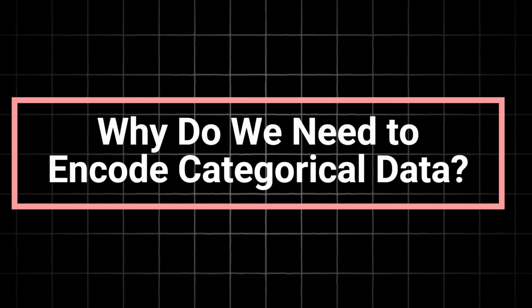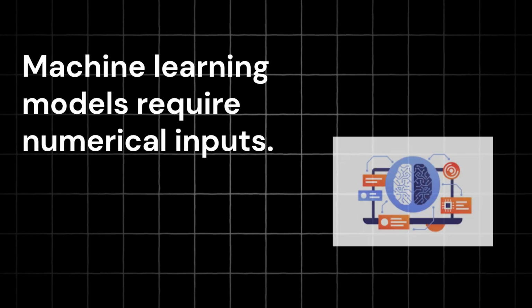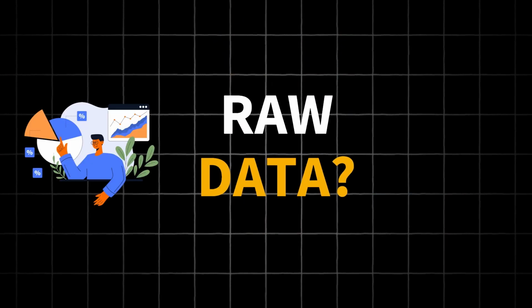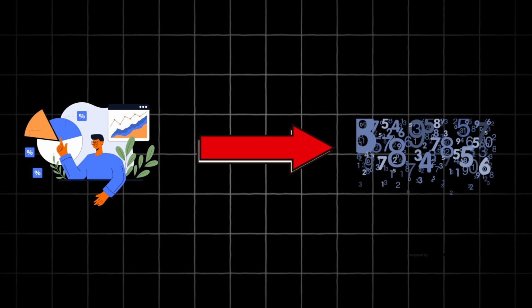So, why do we need to encode this categorical data? The reason is simple: machine learning models, especially those based on mathematical equations, need numerical input to function. If we feed a model raw categorical data, it won't know how to process it. Categorical encoding is the key step to transform these categories into numerical values.